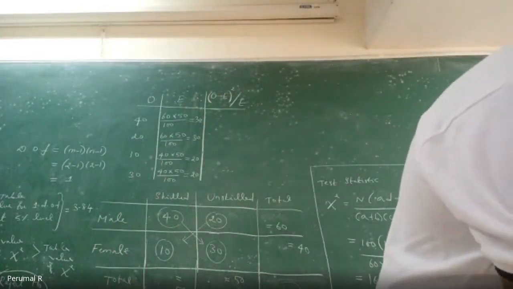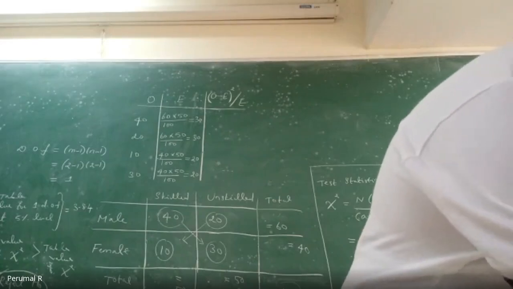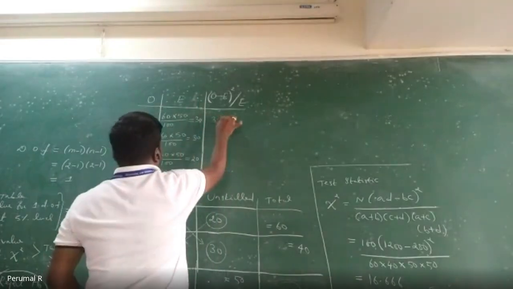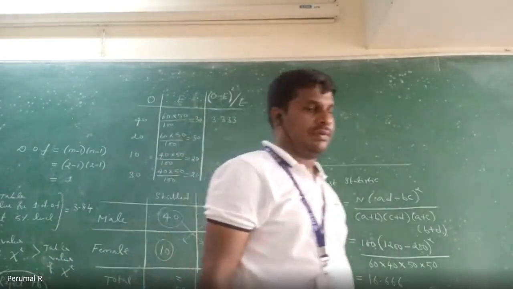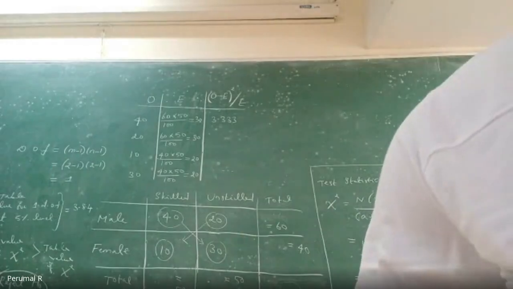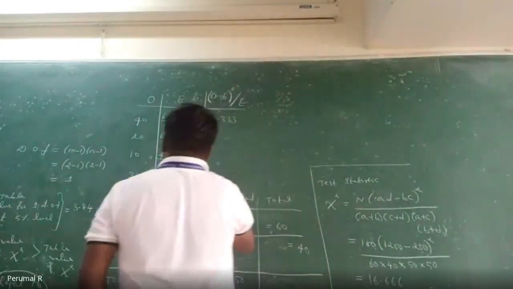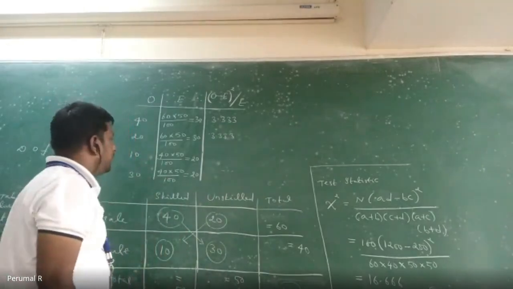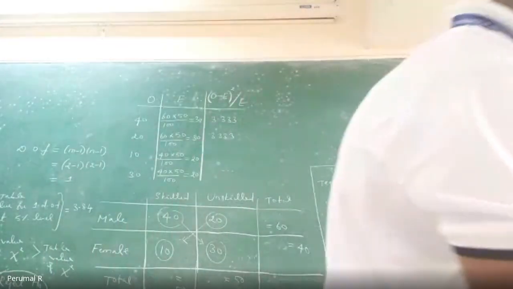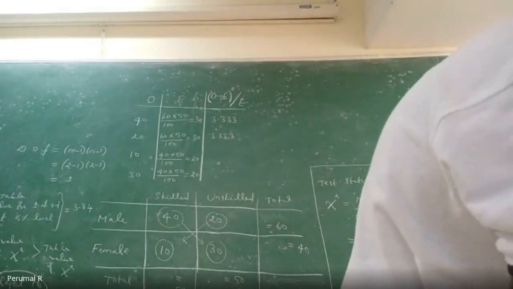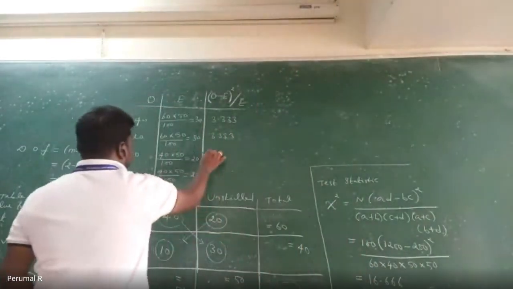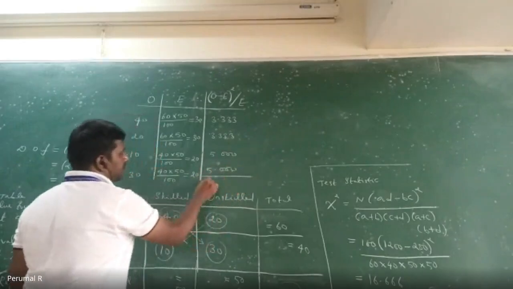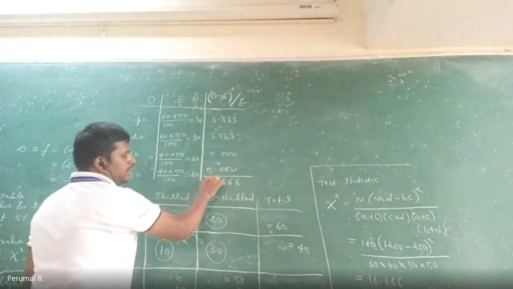What is the value? It is 3.33, and for 20 that is also 3.33. And for 10 it is 5.00, and that is also 5.00. What is the answer for the final one? 16.66. You are getting the same answer.